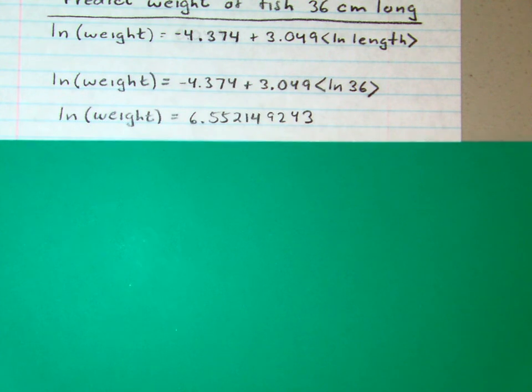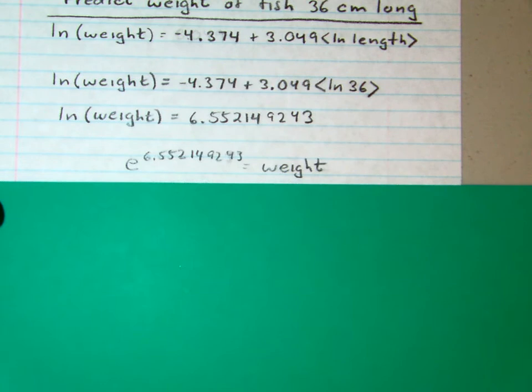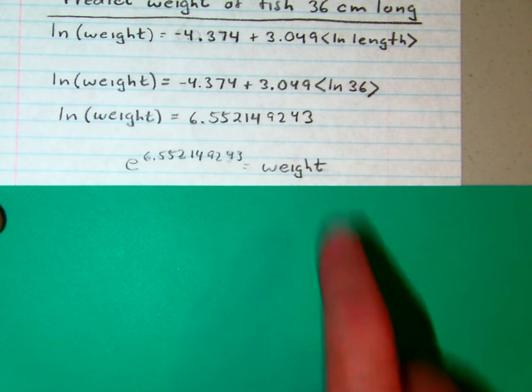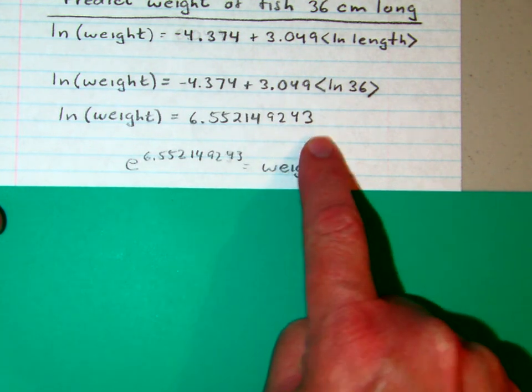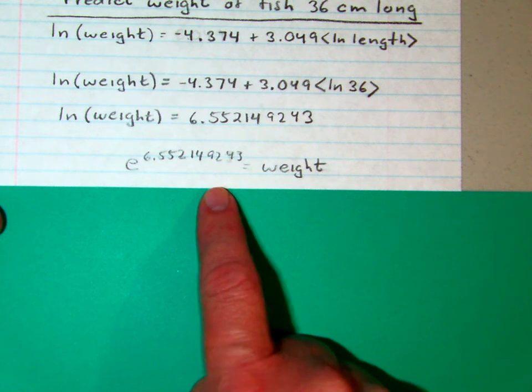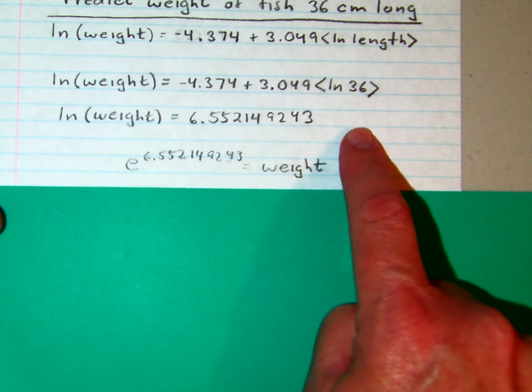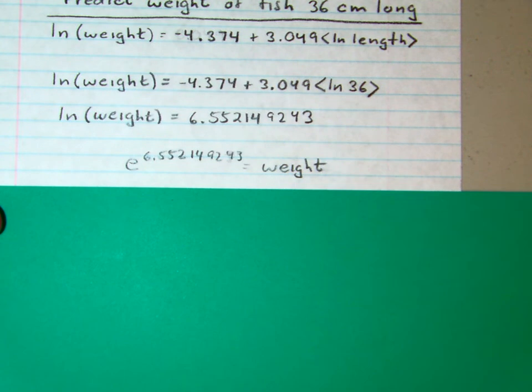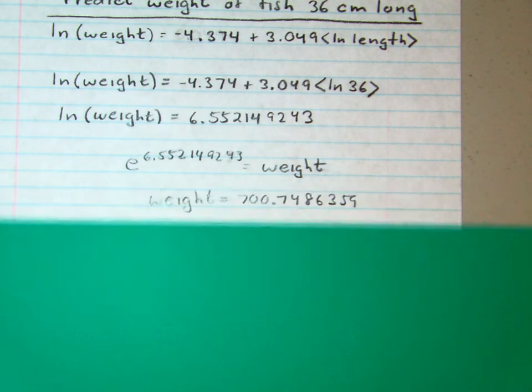So to solve what's remaining, we're going to rewrite that exponentially. That's e to that 6.55 power is equal to the weight. We would prefer to solve these without any intermediate rounding errors. So probably the best thing to do is after you get this, then hit e to the answer on your calculator or store that value in an alpha, and then that would avoid any intermediate rounding errors.